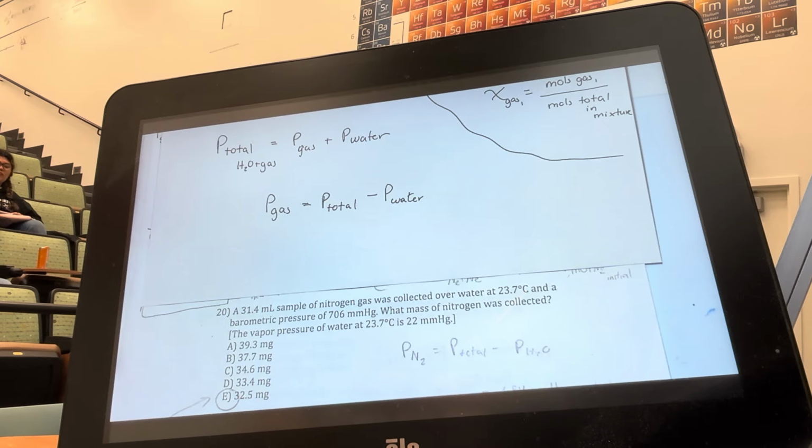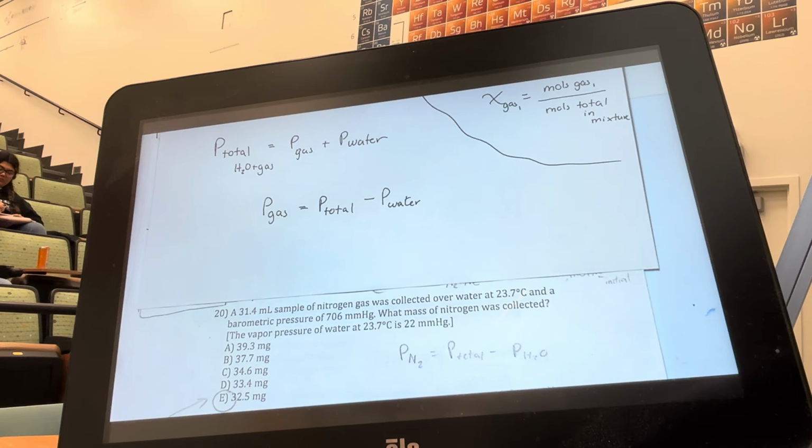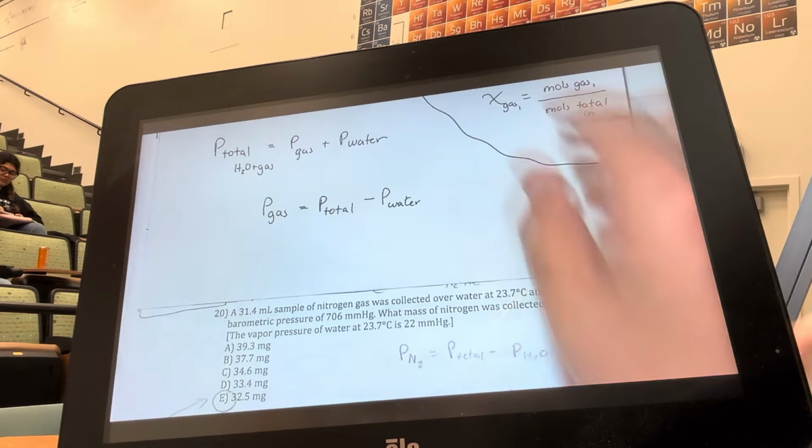So the way you would solve it is by solving for the pressure of nitrogen, which equals the pressure total minus the pressure of water, and then from there it gets much easier because all you have to do is plug it into PV equals nRT after that. So that's how you start that kind of problem. That was kind of jarring for me when I first saw it, but I thought it was a lot easier when I actually solved it. Okay, cool.